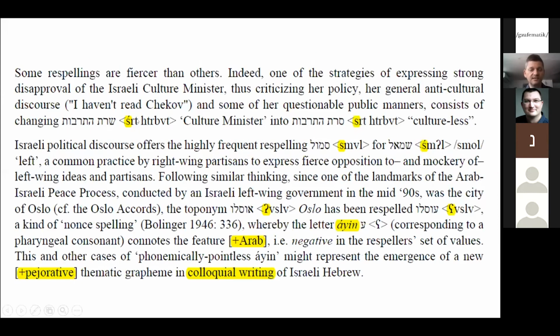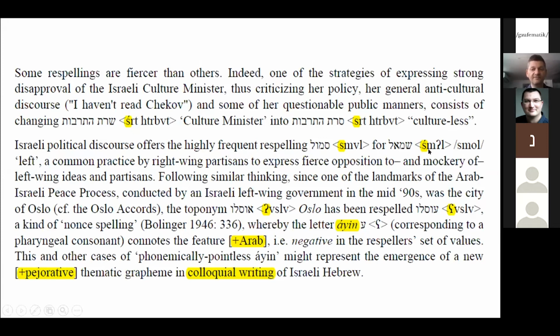Same for Sarat HaTarbut, the culture minister, which some people did not like, or the former culture minister. In the term Sarat, instead of a sin they would use a samech to actually say cultureless. So these are puns.